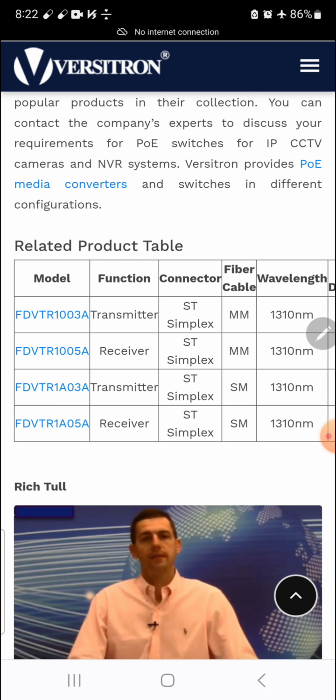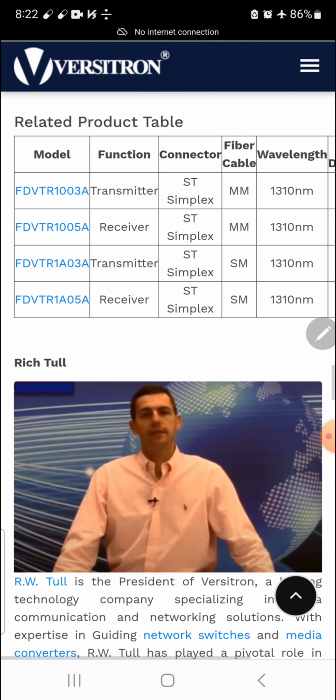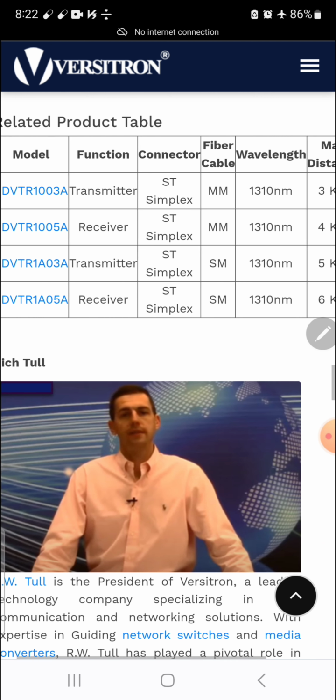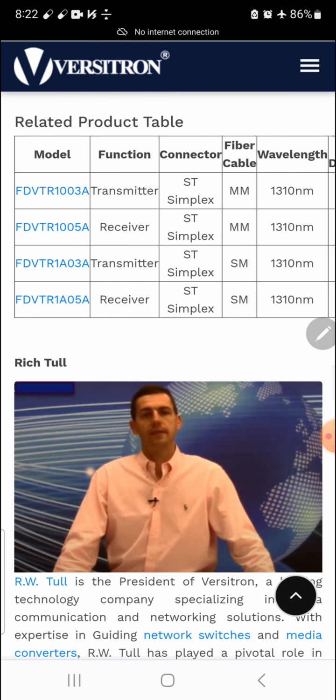Veritron provides PoE media converters and switches in different configurations. Related product table: model, function, connector, fiber, cable, wavelength, max distance, RFQ. So they are all singular, sometimes plural, but both ways are perfectly fine.